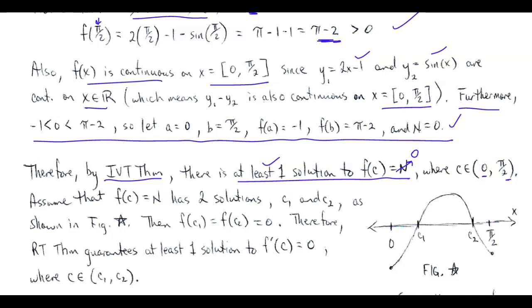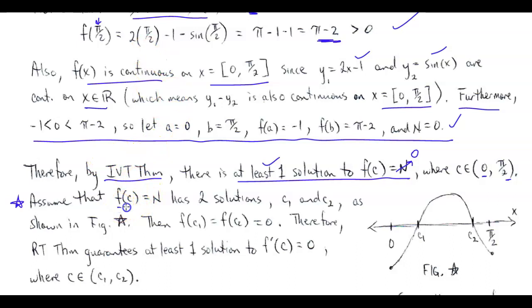So now what we want to do to try to up the ante a bit is we want to assume that, all right, well, let's assume that we don't have just at least one. Let's assume that we have at least two, or let's say we have two solutions, okay? What conditions are we going to have to meet to be able to make that assumption, okay?